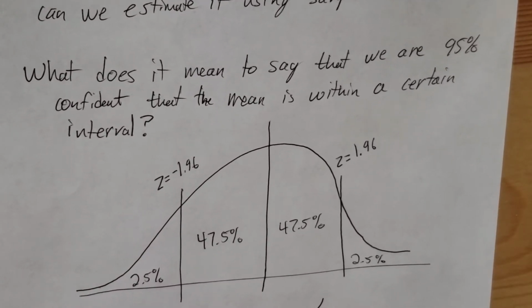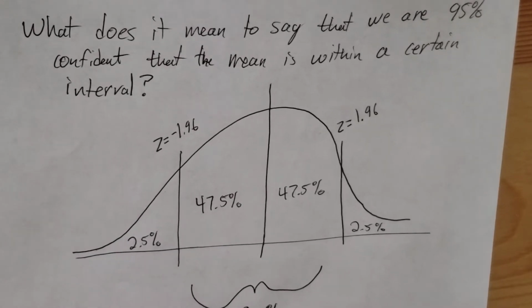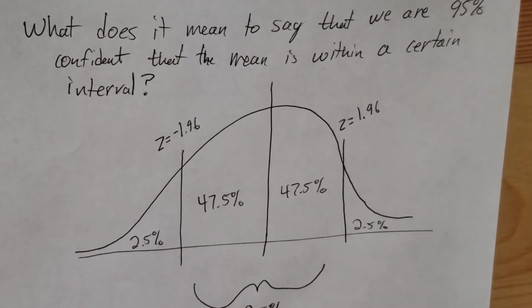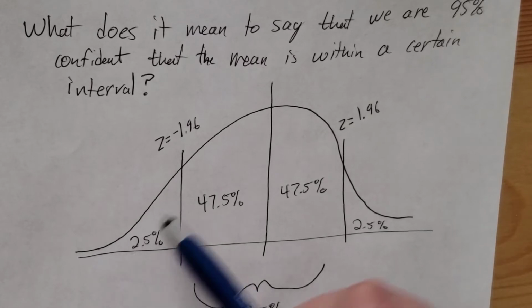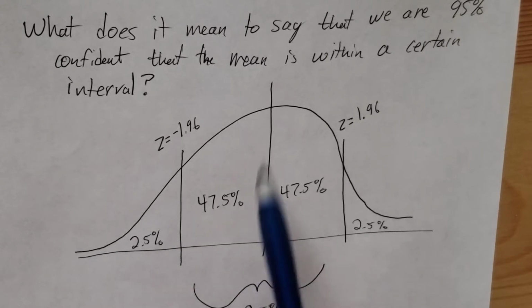Well, let's take a look at this picture and try to determine what this may mean. We have a normal distribution here, and what if we took our 95% interval that is symmetric about the center?